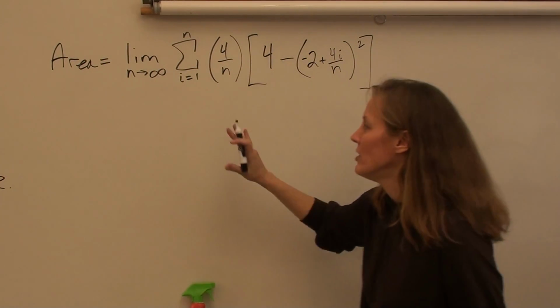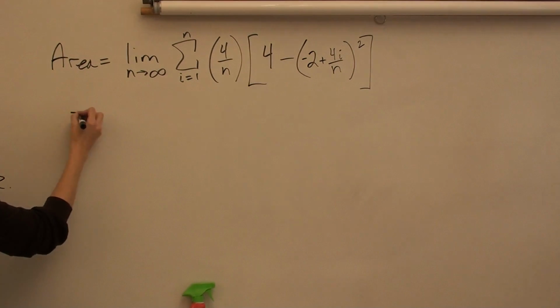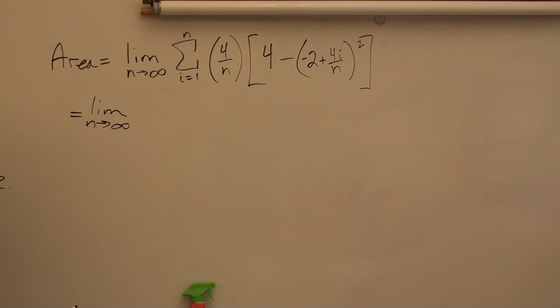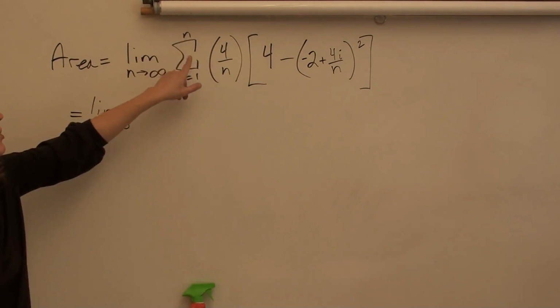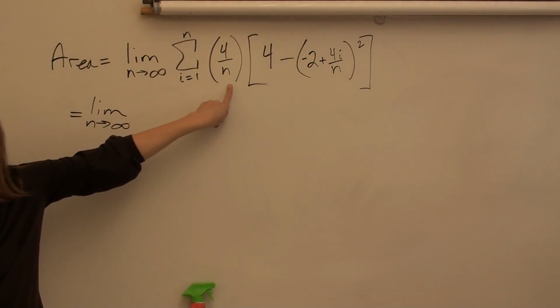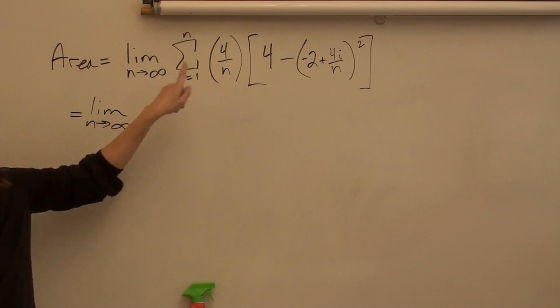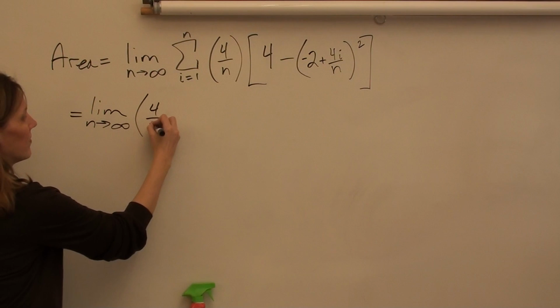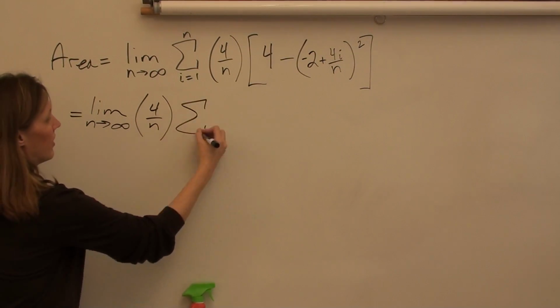Now, when you have to actually evaluate this, the first thing you want to do, if you guys remember when we did these on Tuesday and Wednesday, is when you have a sum, you can take this 4 over n and treat it as a constant and put it in front of the sigma. So we put the 4 over n here. And then we split them up, right?